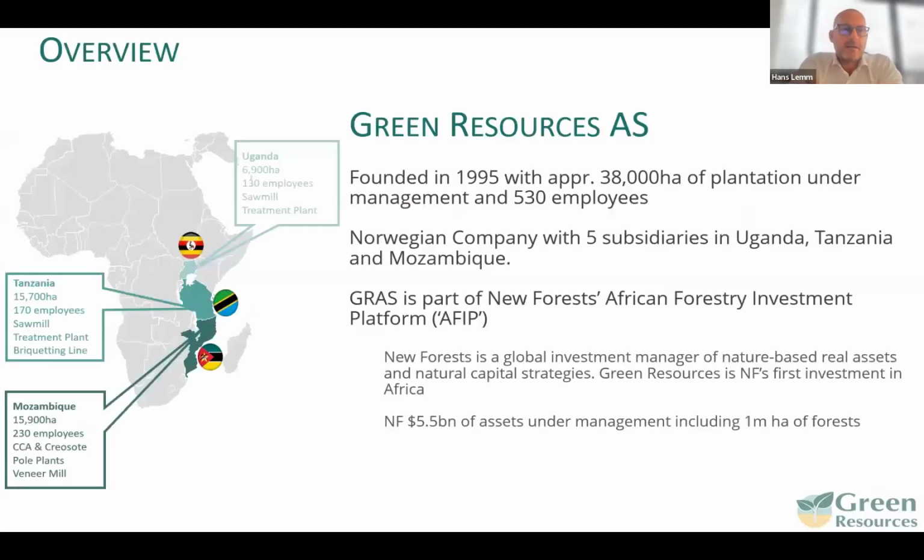Just very briefly, I'll introduce our company, although the moderator has done a great job and has said most of the things that are on this slide already. Green Resources is a Norwegian company founded in 1995, and we manage approximately 38,000 hectares across 3 countries.